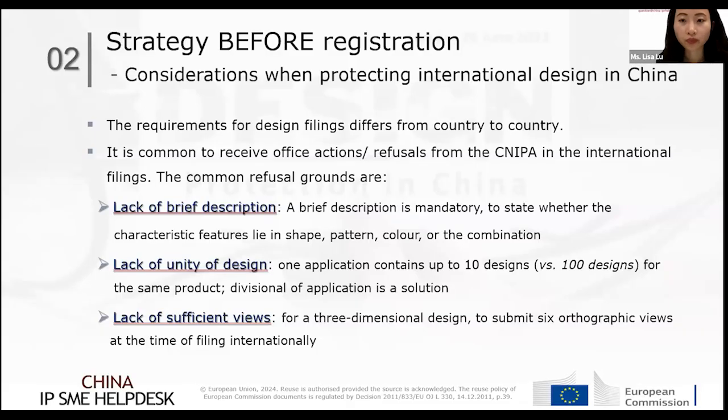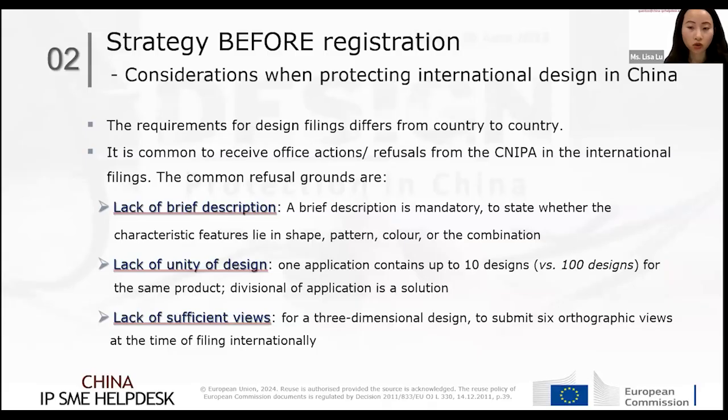And the last common mistake is lack of sufficient views. For a three-dimensional design, you should submit 6 orthographic views to make sure the examiners understand your three-dimensional design well enough at the time of filing internationally.